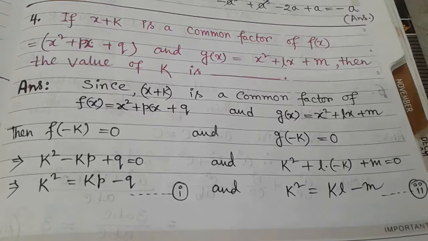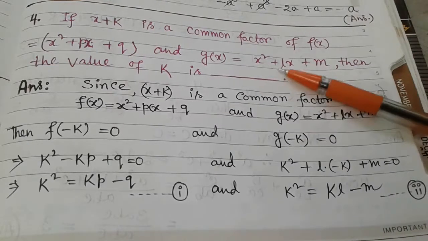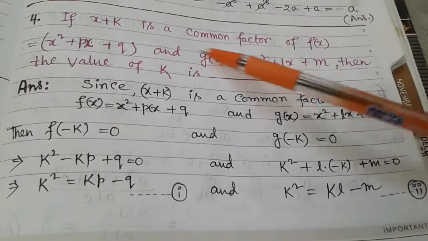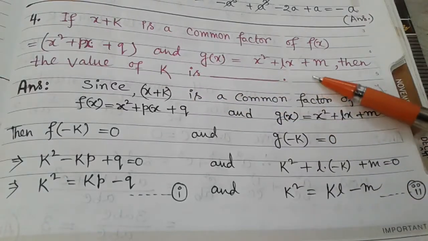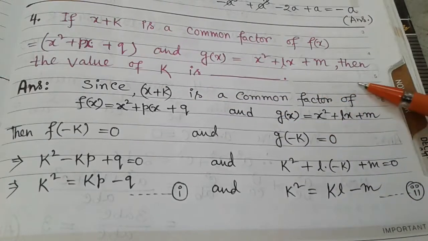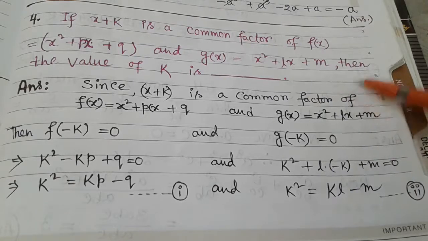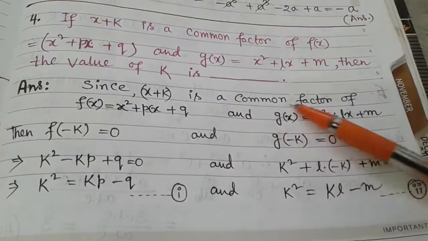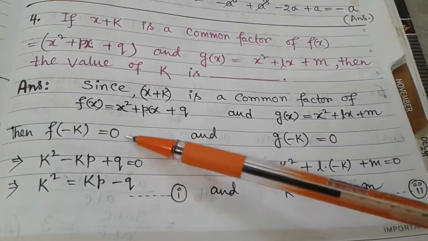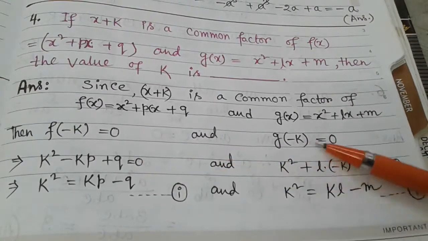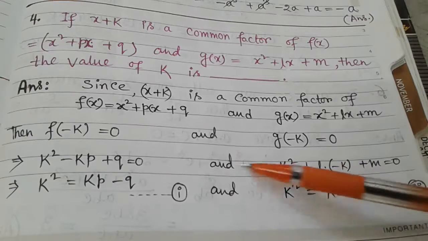Here is the next problem. If x plus k is the common factor of f of x is equal to x square plus px plus q and g of x is equal to x square plus lx plus m, then find the value of k. Since x plus k is the common factor of f of x and g of x, we get f of minus k is equal to 0 and g of minus k is equal to 0.